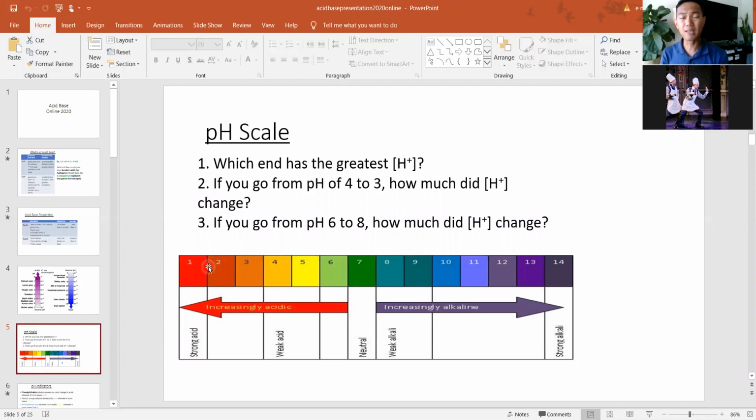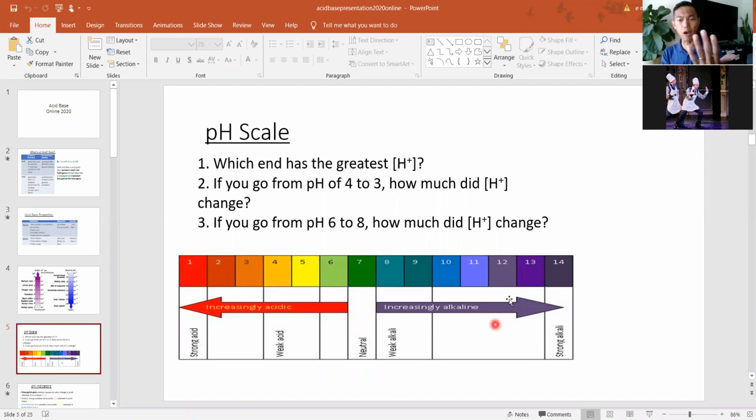Question 1 says, which end has the greatest H plus concentration? This region, meaning the lower the pH, the greater the concentration of H plus, the more acidic it is. So those three are connected: greater concentration, lower pH, more acidic. This is the region where it's more acidic.